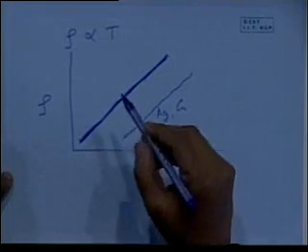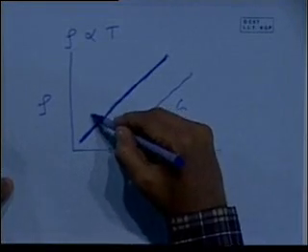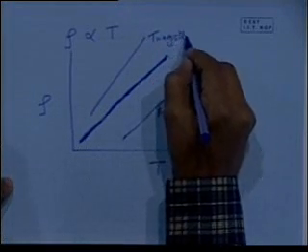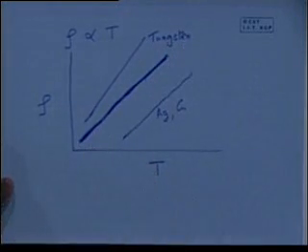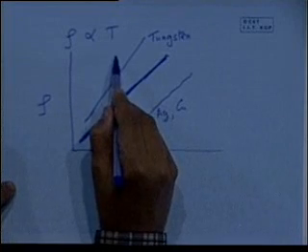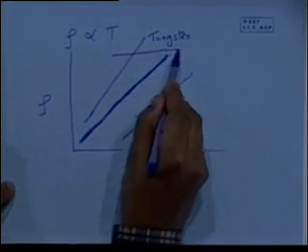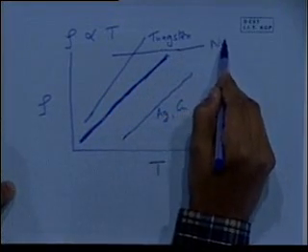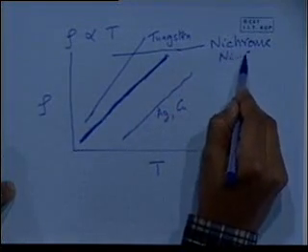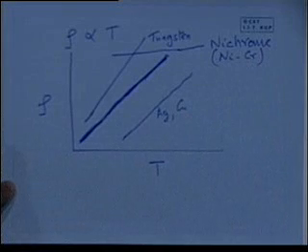When we look at some other materials, for example tungsten, I'm just giving you a representative idea. These are not exact values. That's also not bad. But when we start looking at something like nichrome, what is nichrome? Nickel chromium alloy, right? And it is often used in heating elements.